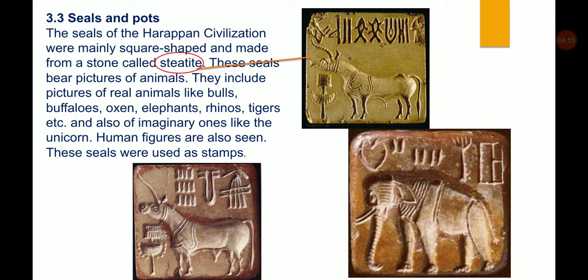They include pictures of real animals like bulls, buffaloes, oxen, elephants, rhinos, tigers, etc., and also of imaginary ones like the unicorn. Human figures are also seen. These seals were used as stamps.